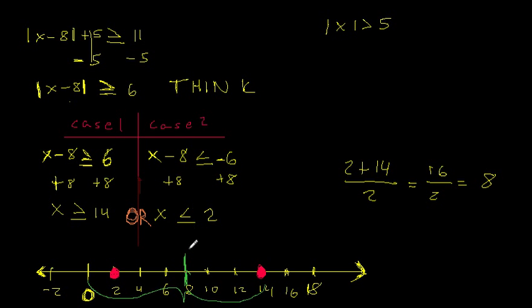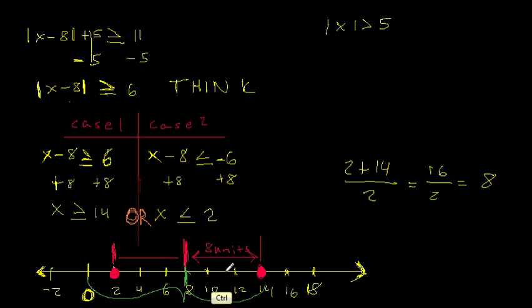So let's draw this up. Here's 8. Here's 14. And the distance from 8 to 14 is 8 units. Also, this is the value 2. The distance from the value 2 and 8.